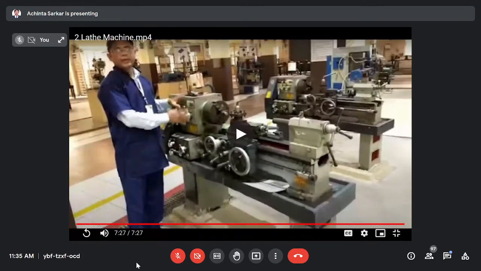Then the smaller wheel, if I rotate that, the cutting tool will move in the transverse direction, a crosswise direction to that longitudinal axis. This wheel is called the transverse wheel, or the cross slide, because it has crosswise movement facility.